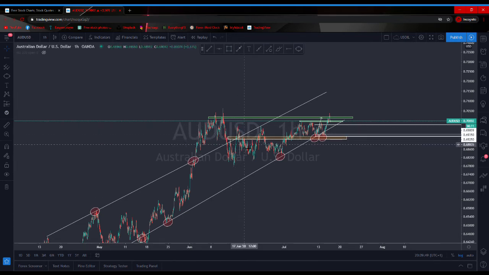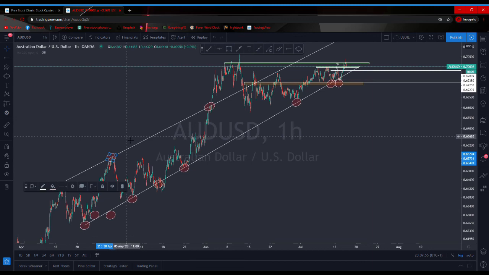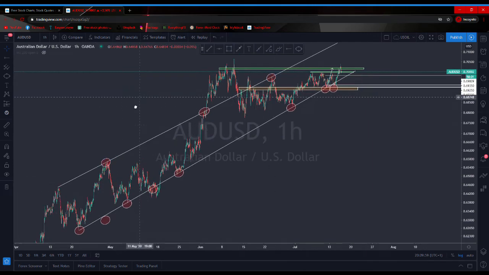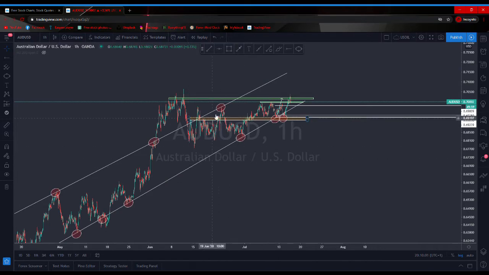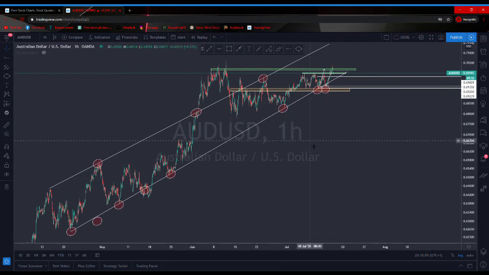held through, came back into the channel. Now we did come and we touched on here, came down, and we've had another rejection off this base.